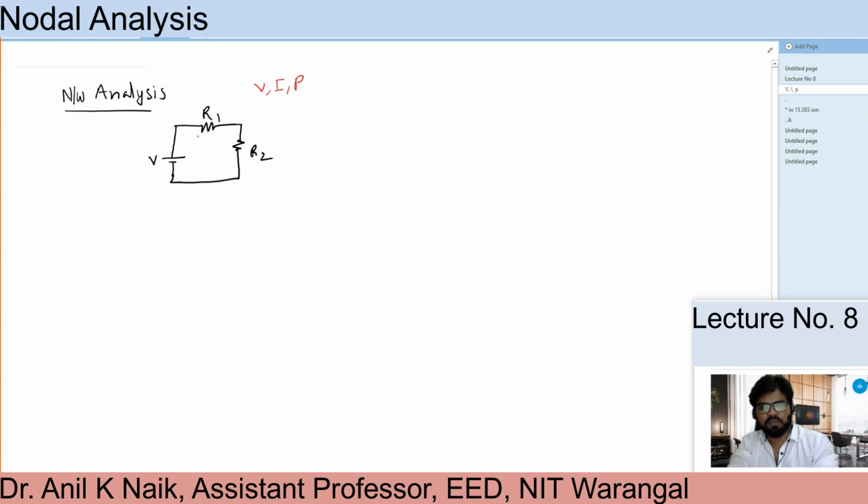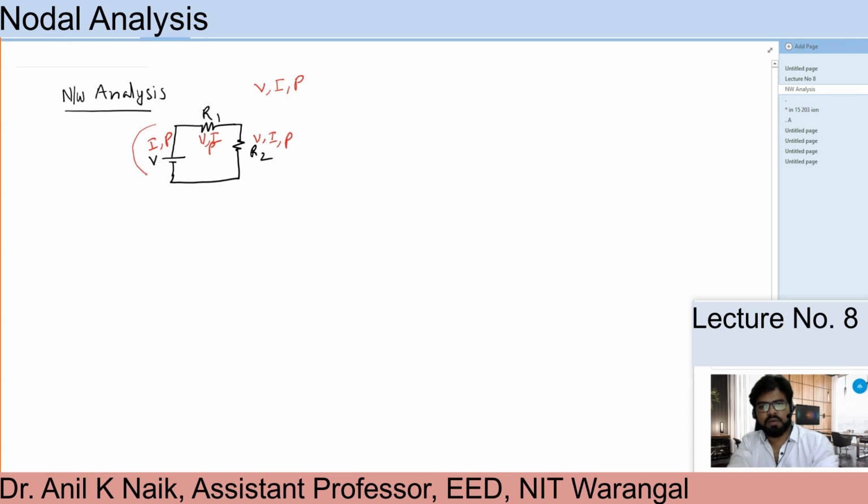Suppose I find the voltage, current, and power here. Similarly, here also I find the voltage, current, and power, and similarly here, the voltage is already there, then the current, and I find the power.